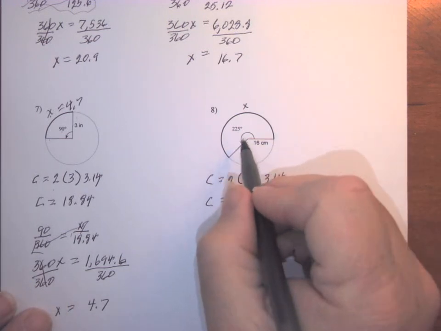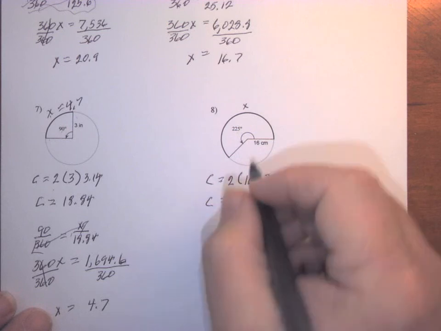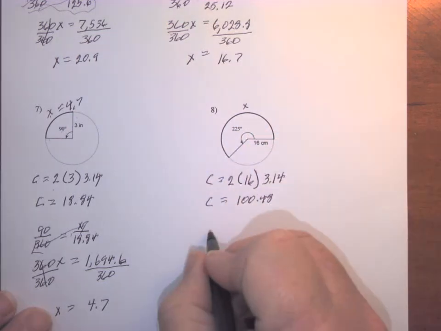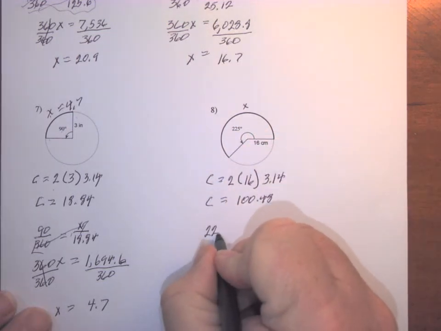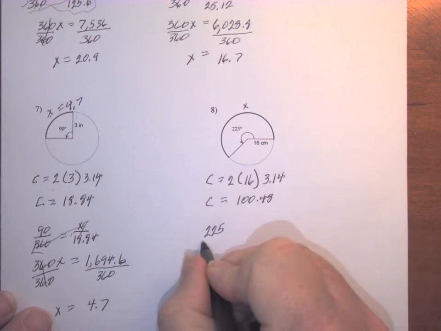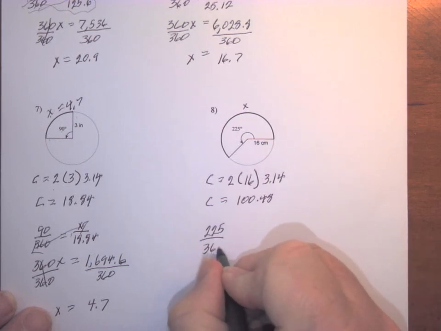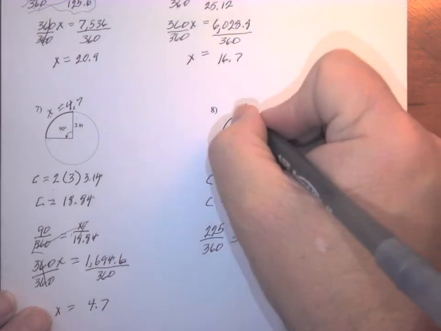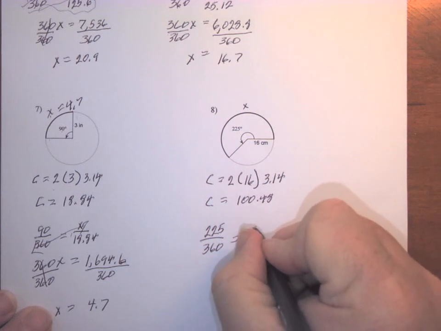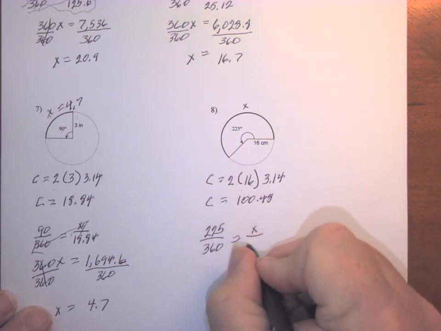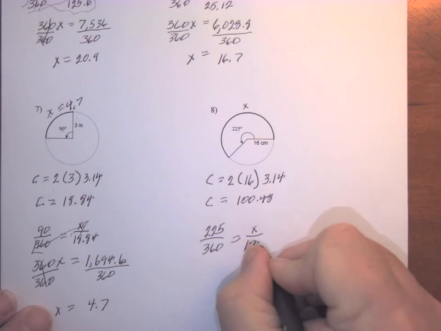So let's just set up a ratio. We have 225, which is the central angle, divided by 360 has got to be equal to x, which is the piece we're looking for, divided by the total circumference, which is 100.48.